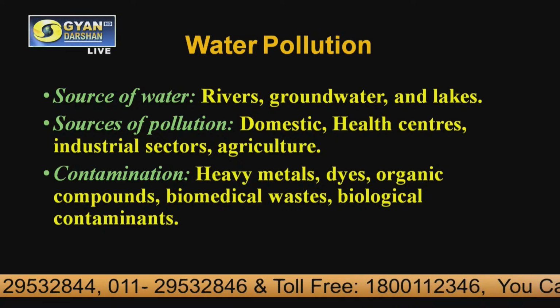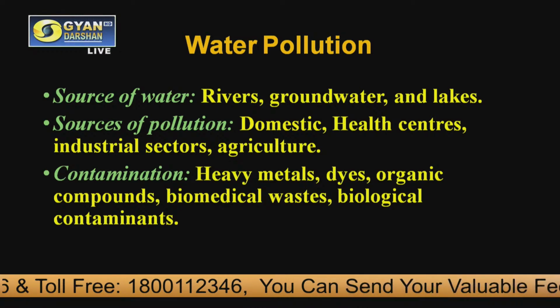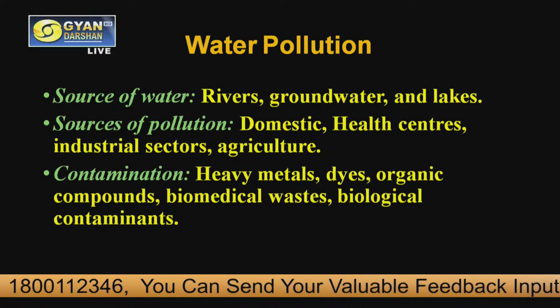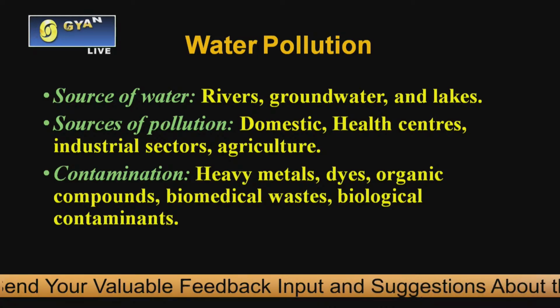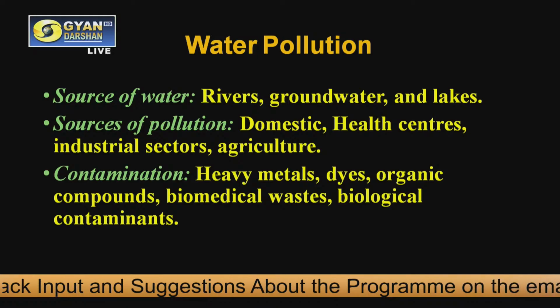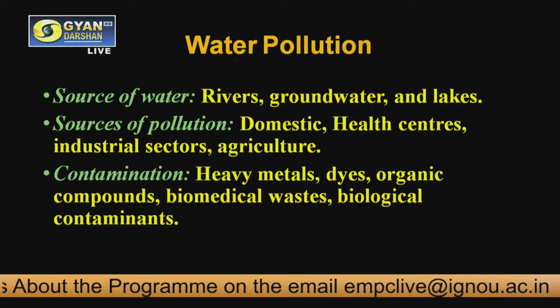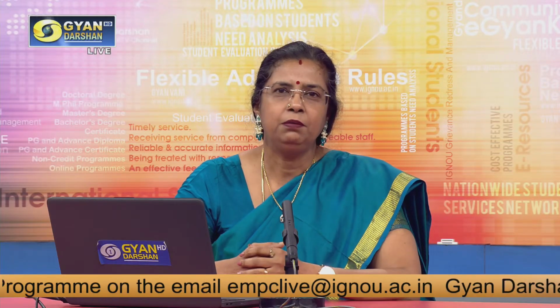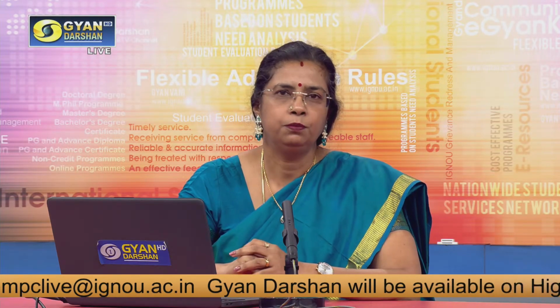Non-point can be that it is just draining from a nearby or from a far off distant place. Contamination could be organic solvents, inorganic substances, textile dyes, heavy metals, biomedical waste, and biological contaminants. So all these can be liberated in the river water, causing high levels of pollution.